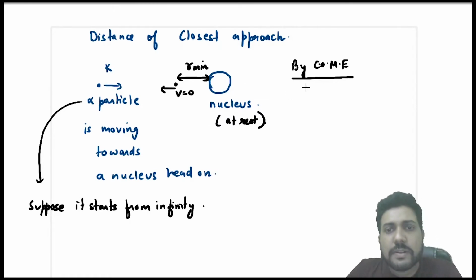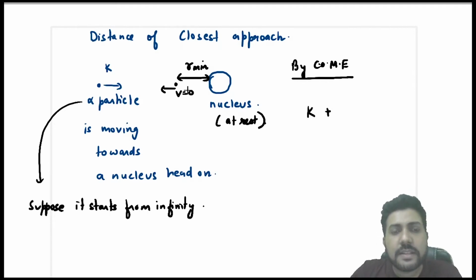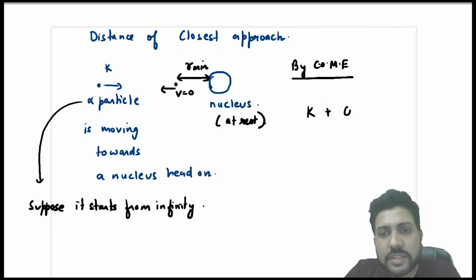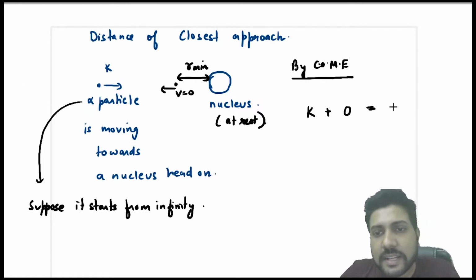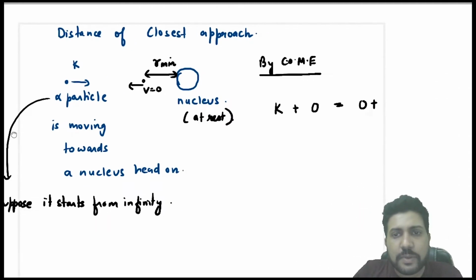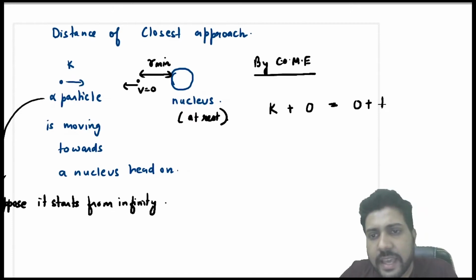Now if you apply the conservation of mechanical energy, the initial kinetic energy is K, plus the initial potential energy, which is 0 because they are at a very large distance, is equal to the final kinetic energy, which is 0, plus the final potential energy, k q1 q2 by r.